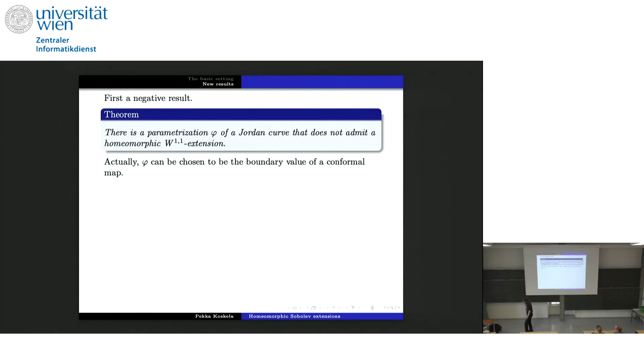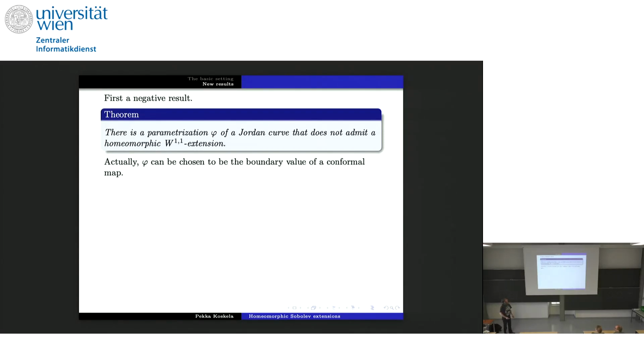Okay, but since this is not always true, you ask the question, when is it true? What do you need to know? Is it a property of phi, or is it a property of the Jordan curve?